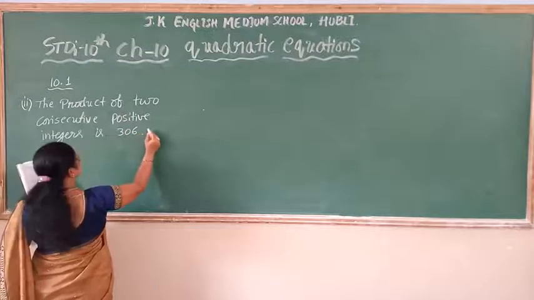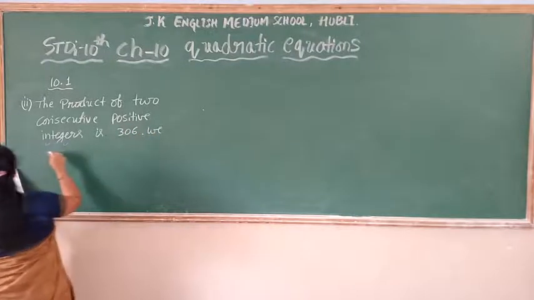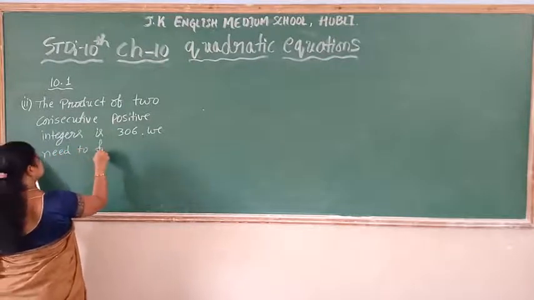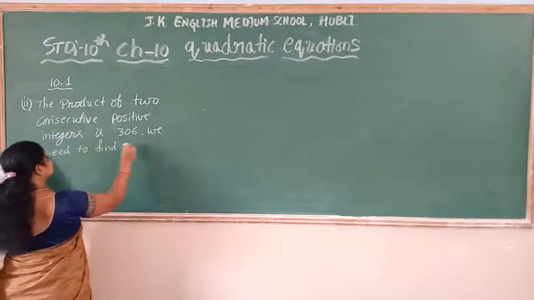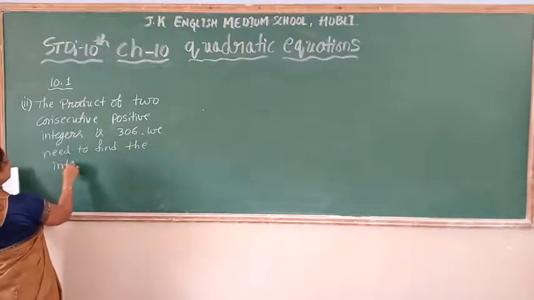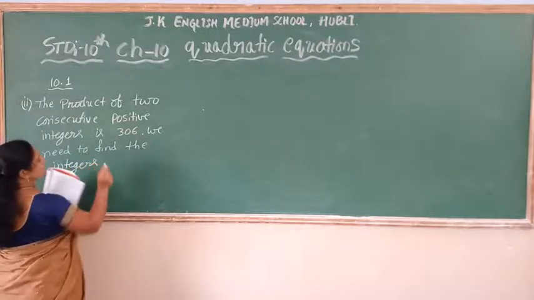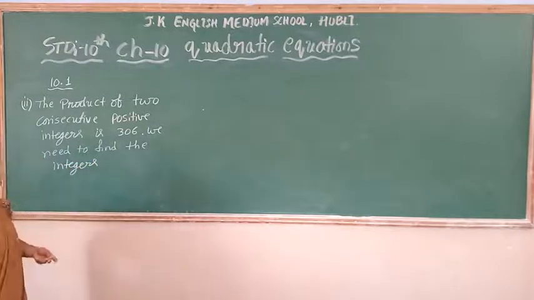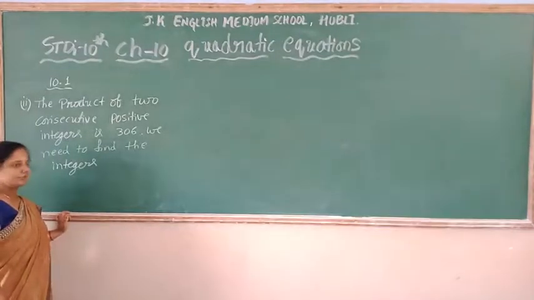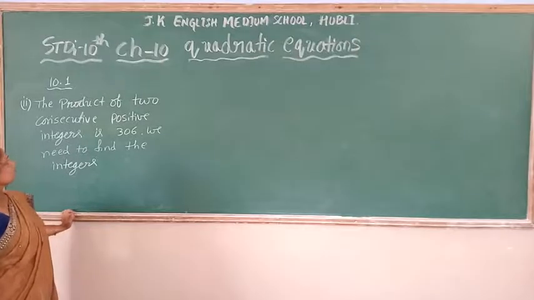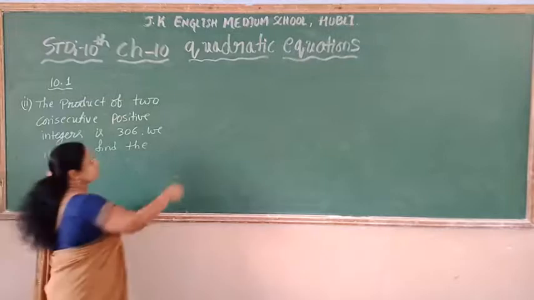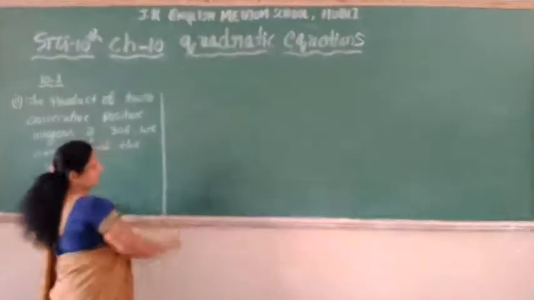We need to find the integers, which means we have to solve it. But the heading is represent the following situations in the form of quadratic equation. The product of two consecutive positive integers is 306. We don't know which those integers are.